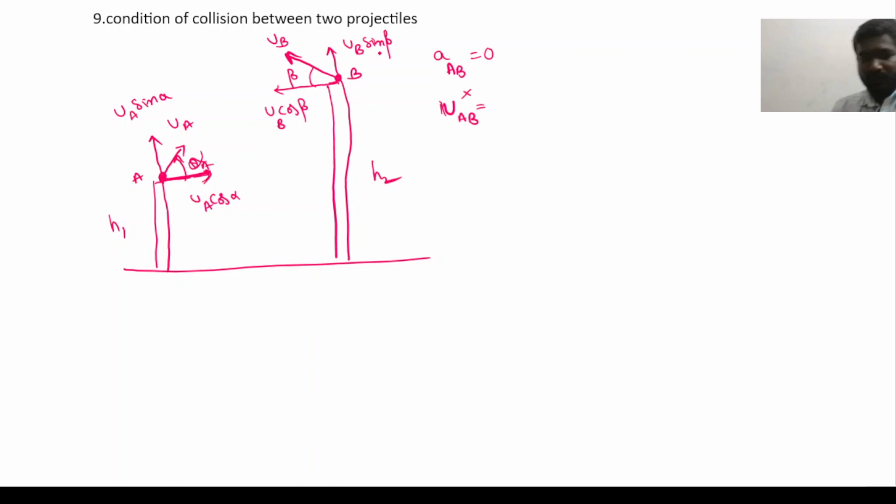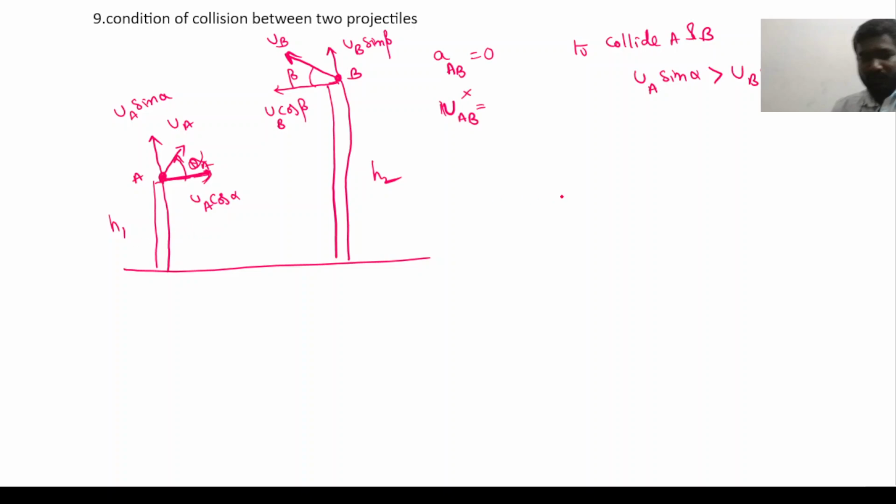To collide, the first condition is that UA sin alpha is greater than UB sin beta. Why? Because point A is downside compared with point B.